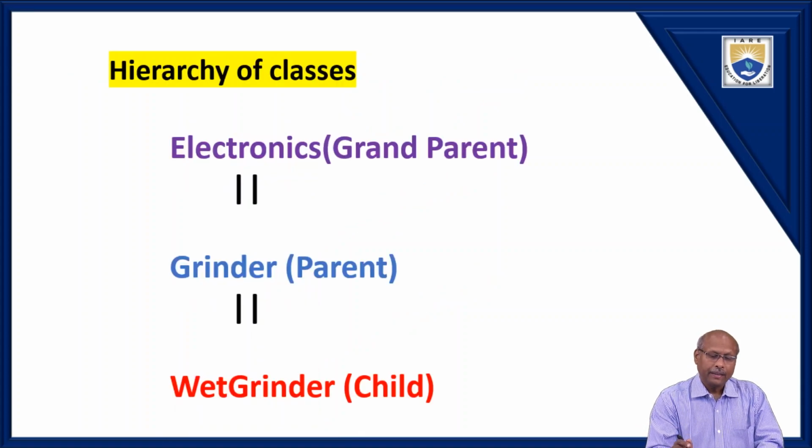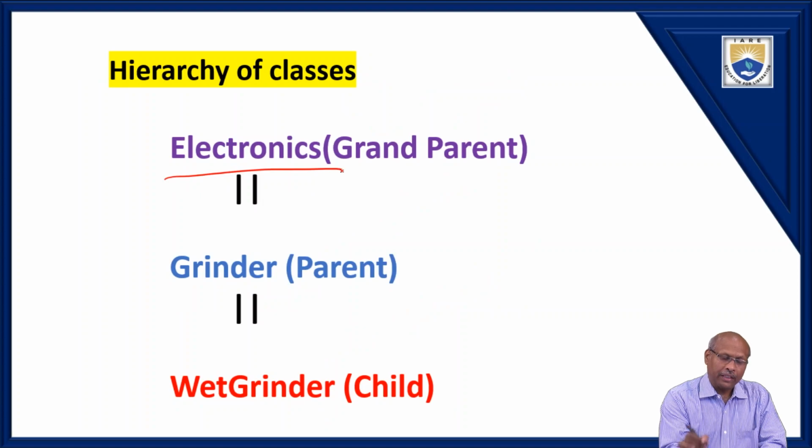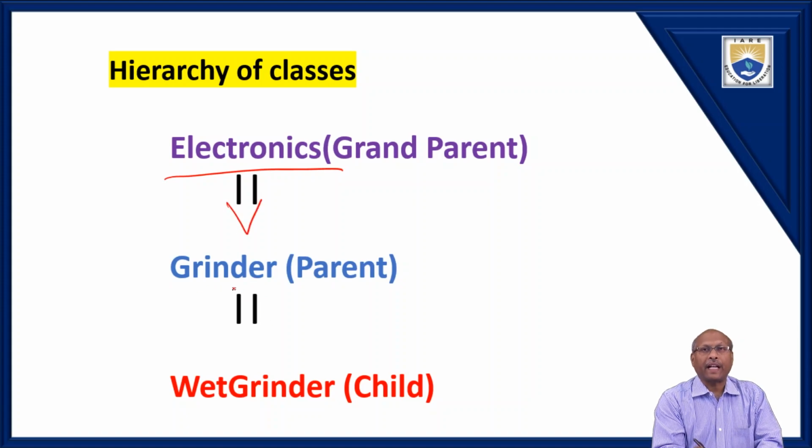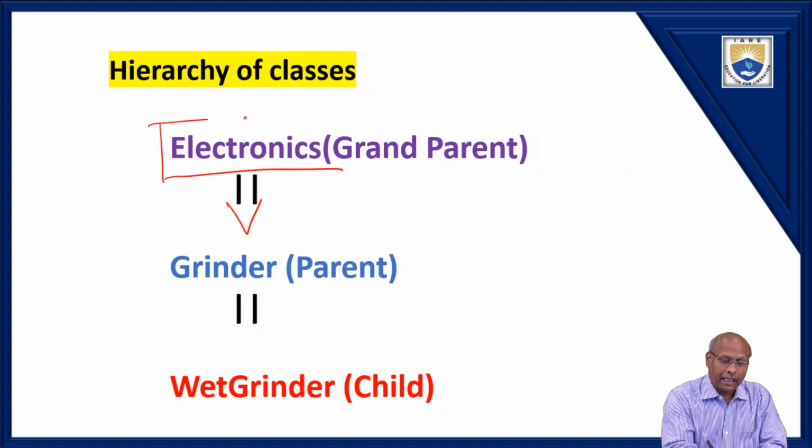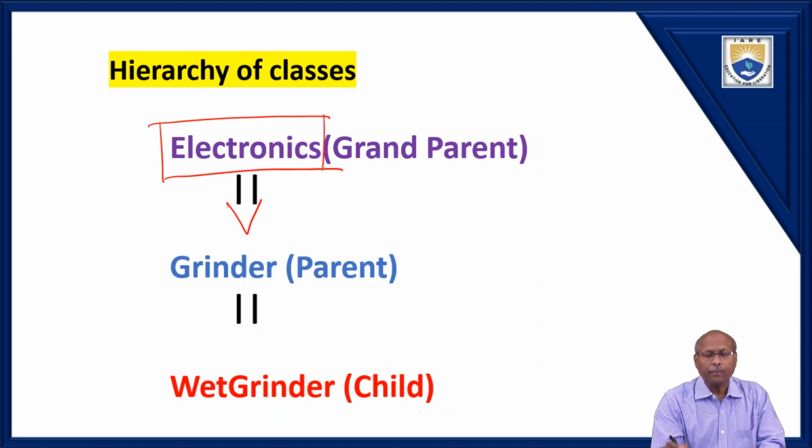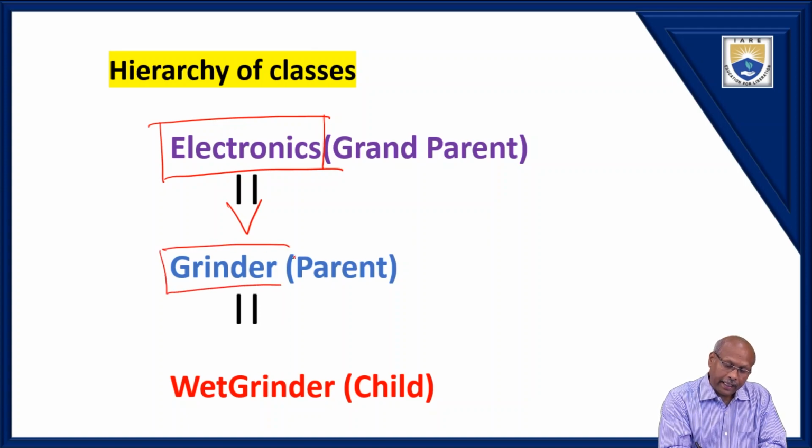Let us see. I have a class called Electronics. Whatever properties or methods are there will also be available to the grinder class. So grinder is also an electronic device derived from electronics. This class has a set of methods and attributes that will be available to the grinder class.